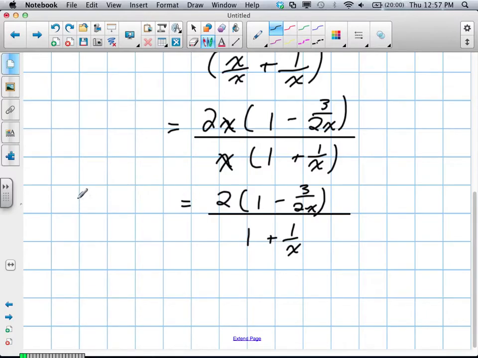Because remember, technically we were finding the limit as x approached, or tended to, positive infinity. What we're going to be doing here is plugging in the idea of positive infinity for the x value. Now remember, positive infinity is an infinitely large number. It's massive.